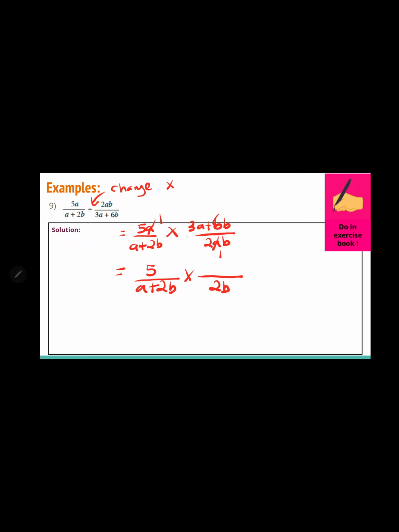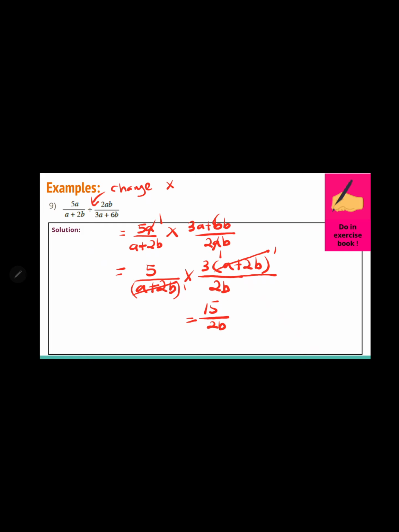Now 3a, 6b, common is 3. Wow, you see, magic. This 3, I mean not cancel, simplify. 1, 1. So 3 multiply 5 multiply by 3 multiply by 1, you will have 15. 1 multiply by 2b, you have 2b.